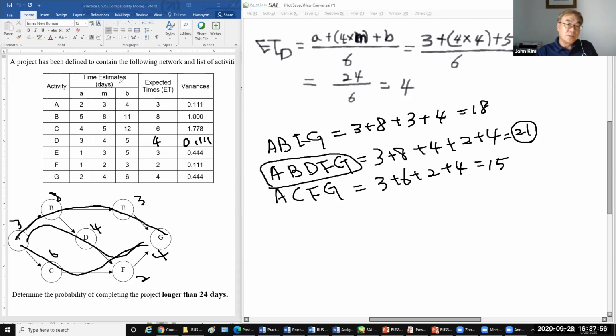So this one has three activity time estimates. The question is the probability of being longer than 24.